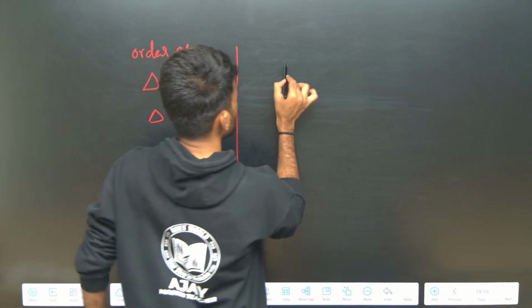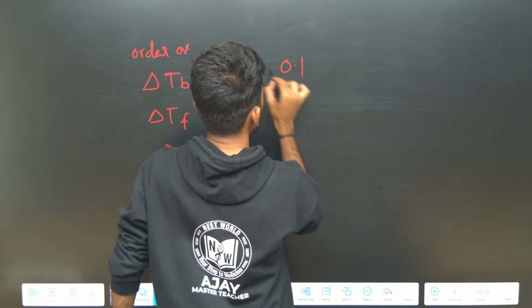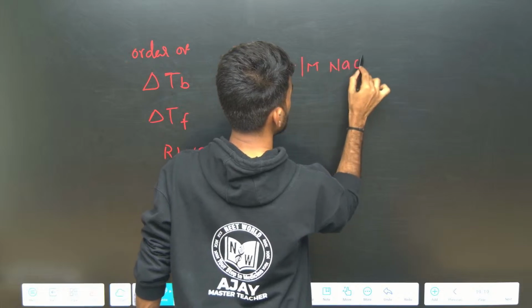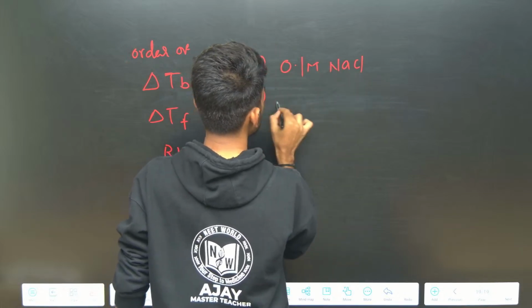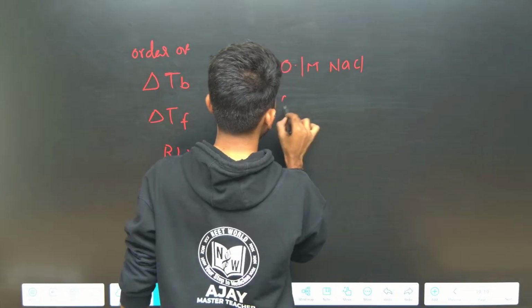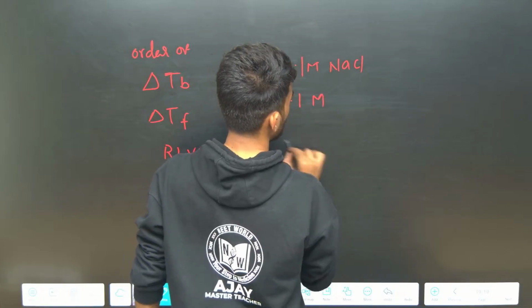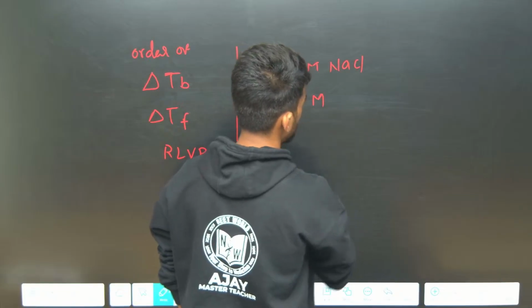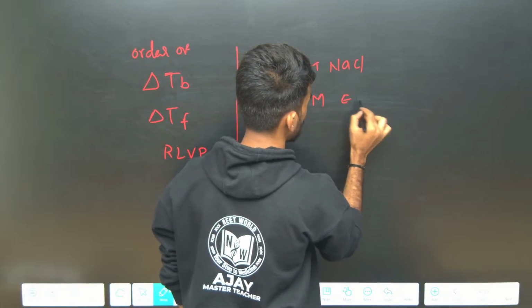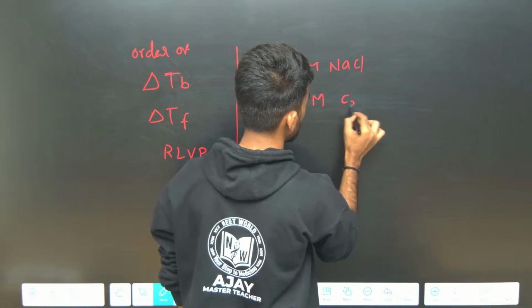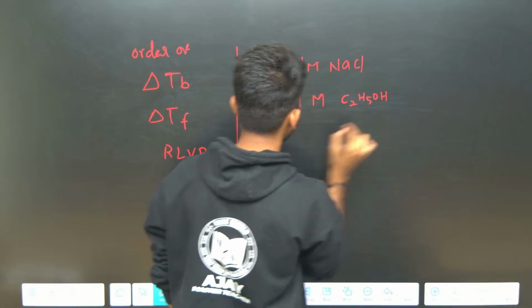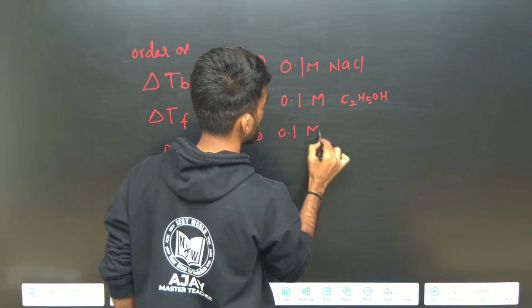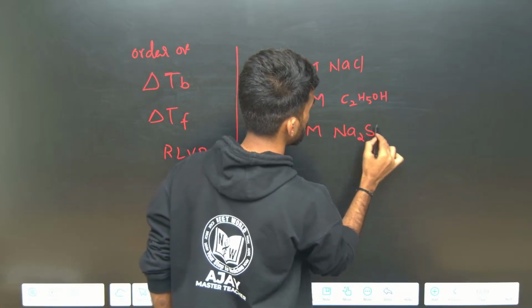Look at here. For the solutions, first option 0.1 molar NaCl, second 0.1 molar ethanol, C2H5OH, and the next 0.1 molar Na2SO4.